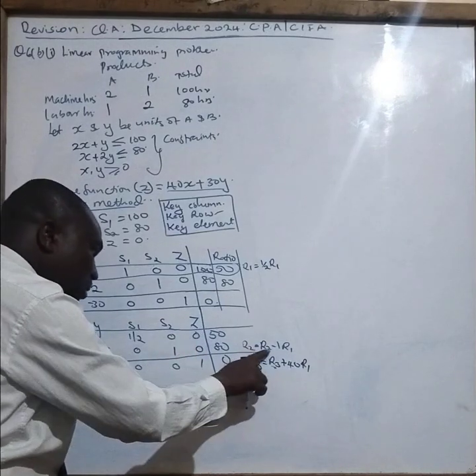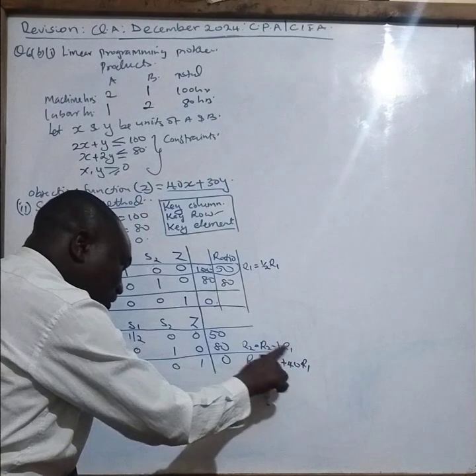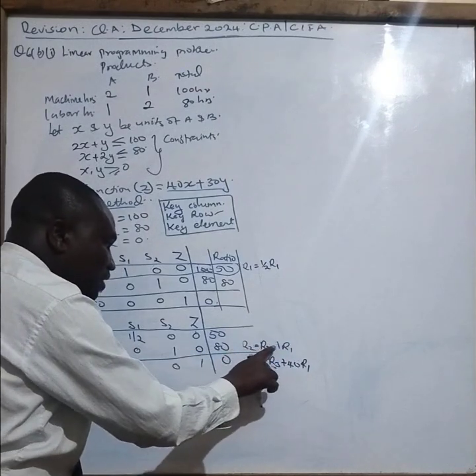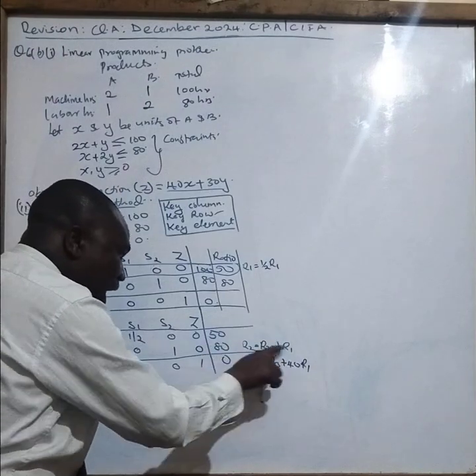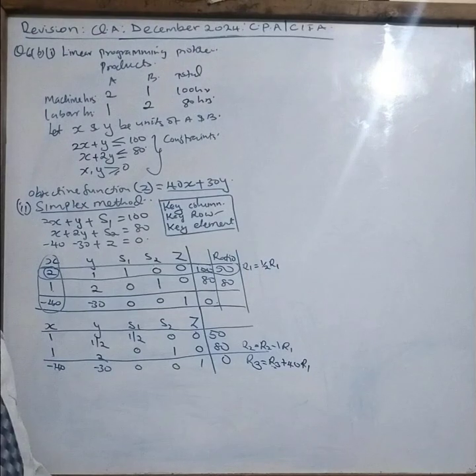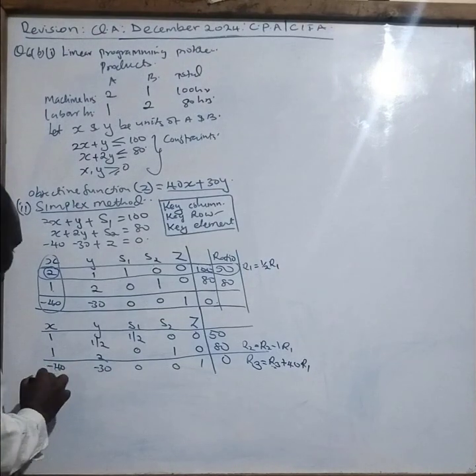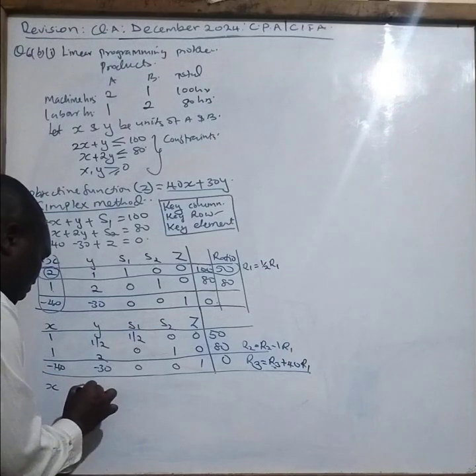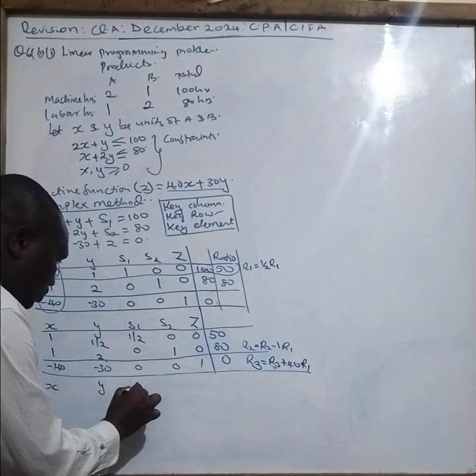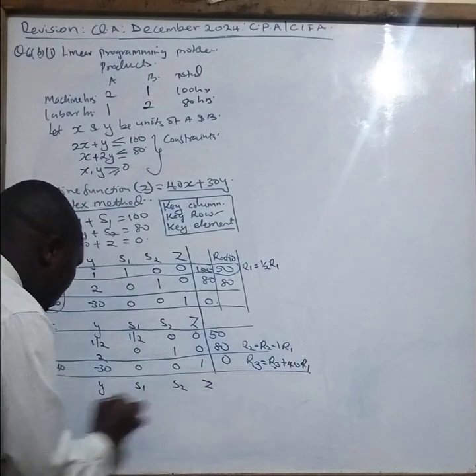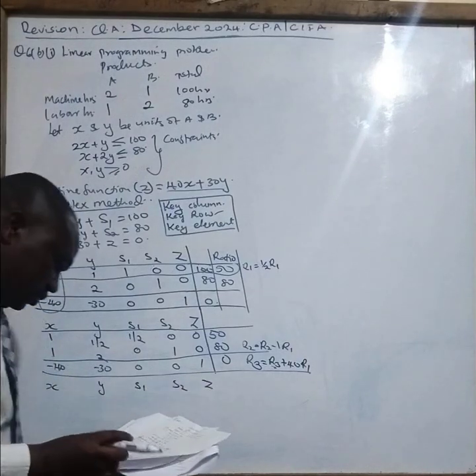Then 0 here, minus 1 times 0, you get the answer. Then here is 80 minus 1 times R1, which is 50, you get the answer. You can see. Now, when you work that out, you get this table. This is the table you get.